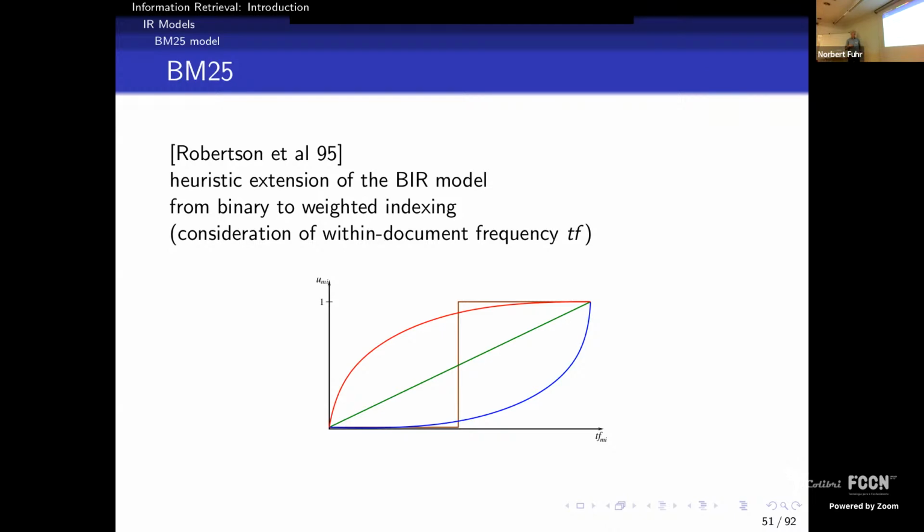And the question is, what's the best form of function? Should I do a linear weight proportional to the frequency? Should I do a convex function that initially increases strongly and later the curve is flattened, or a concave curve which initially grows very slowly and then very big? What do you suggest? Which of these three functions?